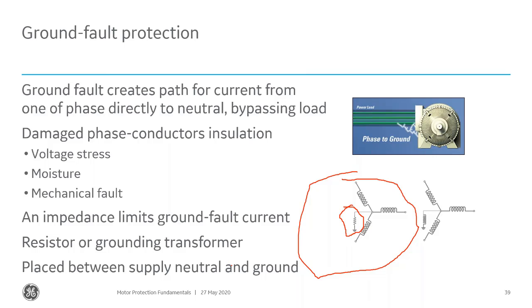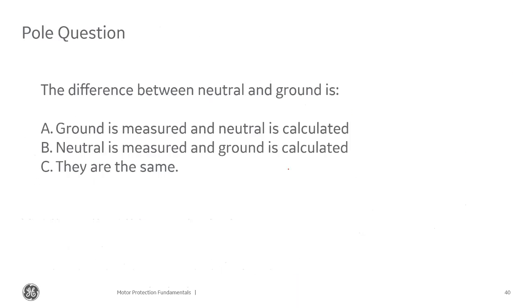So a lot of the type of protection that we use will depend largely on the type of grounding. So with that said, before we proceed on, let's take the next poll.